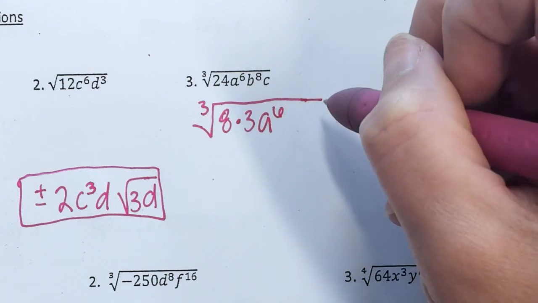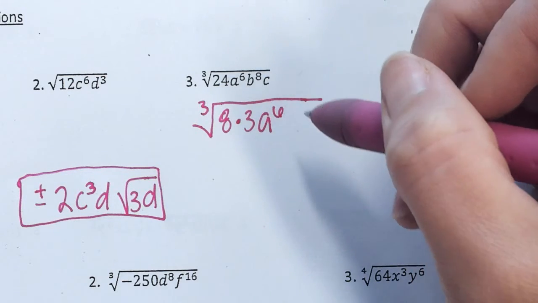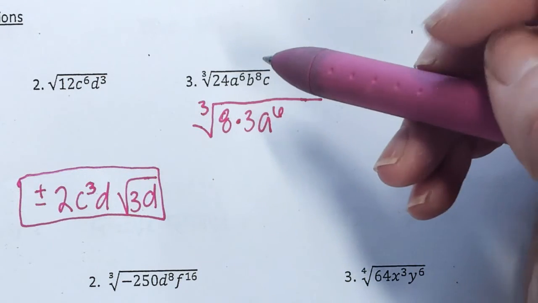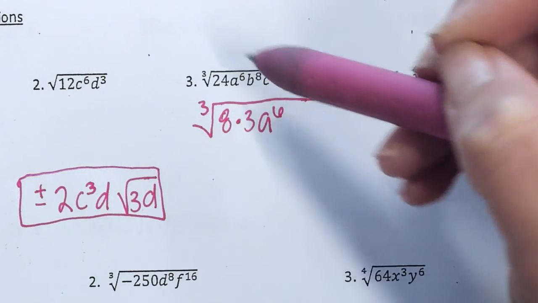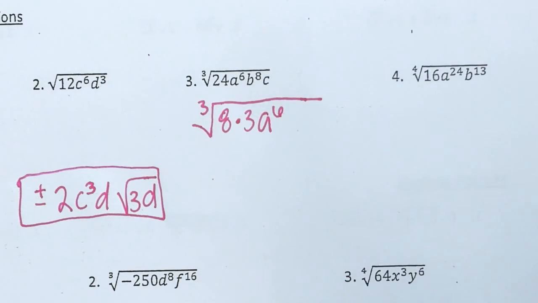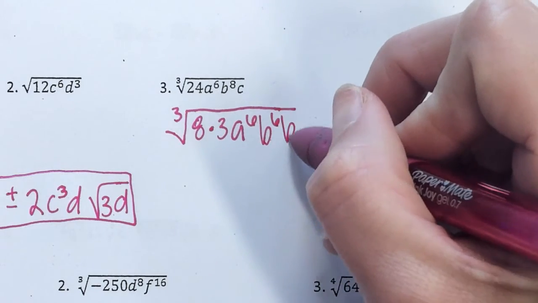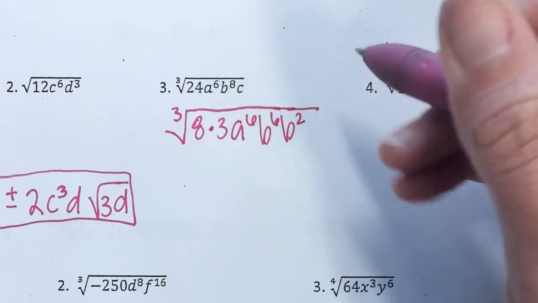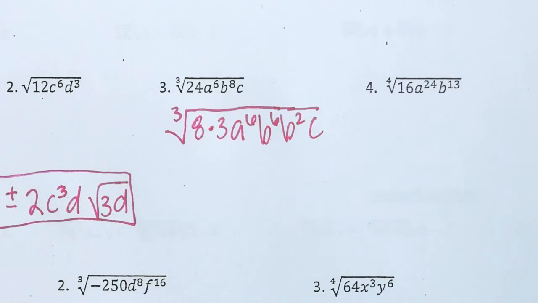I was confused in the beginning because I thought when it has a third root that you have to take out something that's to the root of third. Nope. With exponents, you just divide by whatever this is. So if it is divisible by 3, which 6 is, we can leave it. But b to the 8th, Caroline, we have to break up into what? Very good. And c, we obviously can't do anything with because that exponent's smaller than 3.